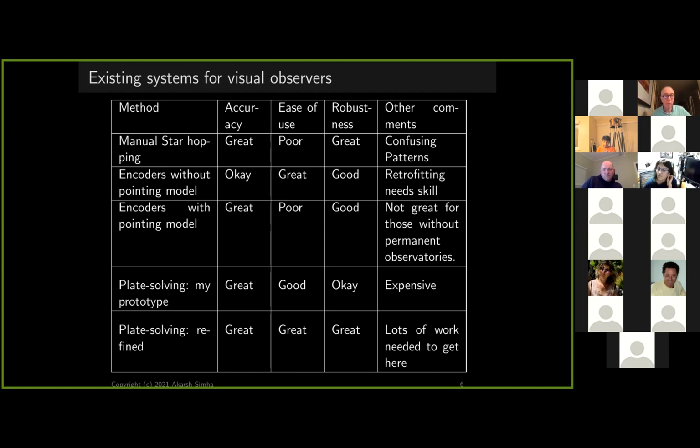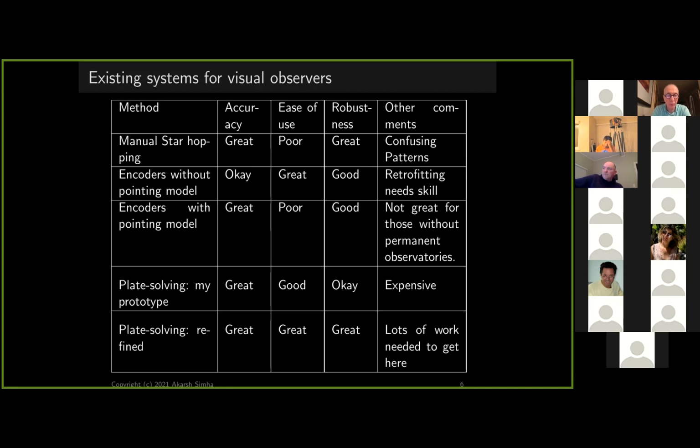But I believe that if we take this idea and run with it for many years with many people trying out different things, we should be able to get a product, or a concept or whatever, that beats encoders at what they do, which is some sort of an electronic finder scope that I can just mount on the top of a Dobsonian or a visual telescope, and suddenly it gives me push-to capabilities, right? Without having to mount these encoders and build pointing models and so on and so forth.